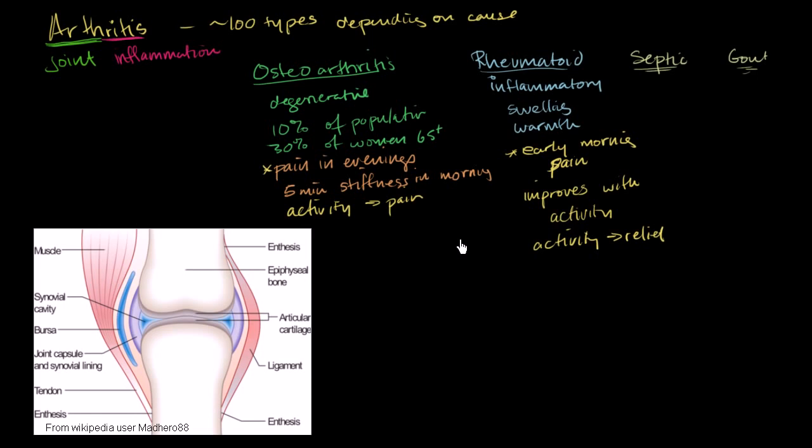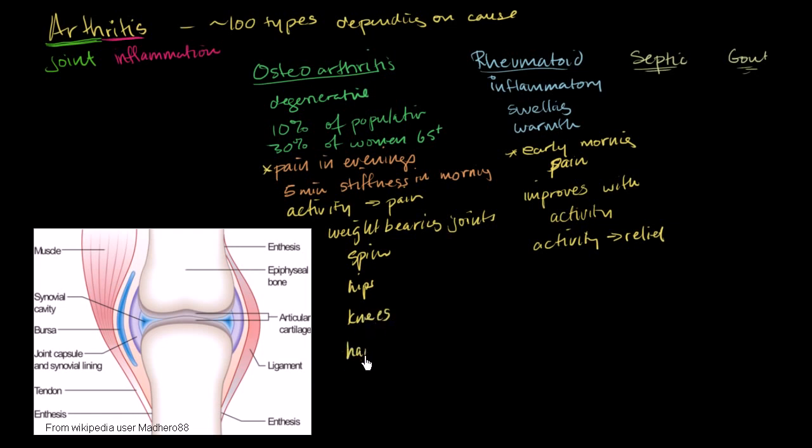The other way that osteoarthritis and rheumatoid arthritis are different is that in osteoarthritis, mostly the joints affected are the weight-bearing joints. So your spine, which could be the neck or the lumbar spine, the lower back, then hips and knees, and then your hands.